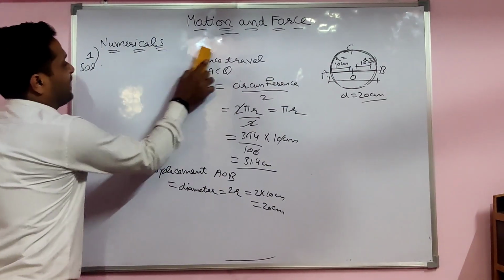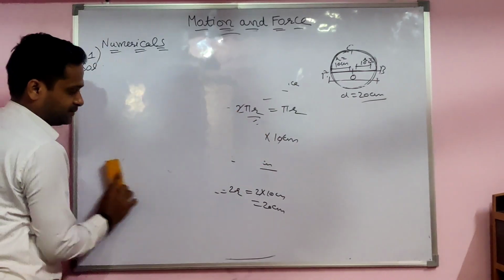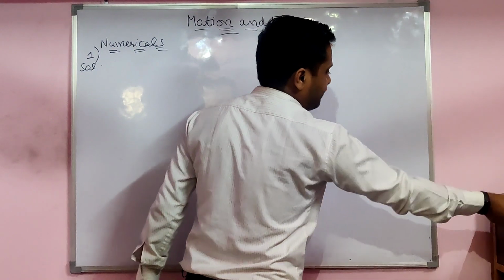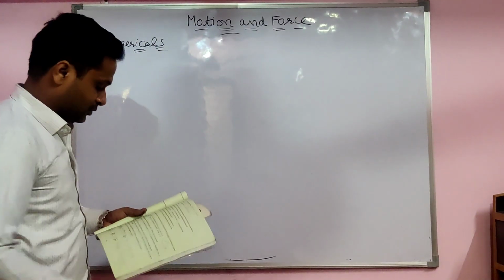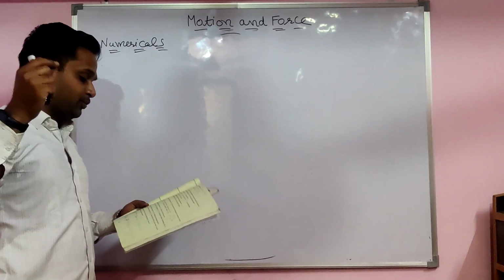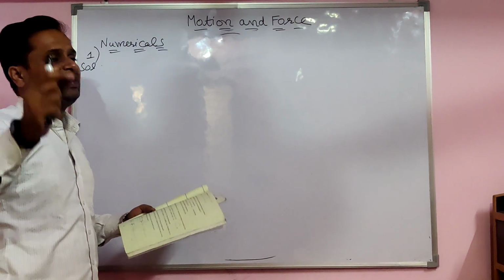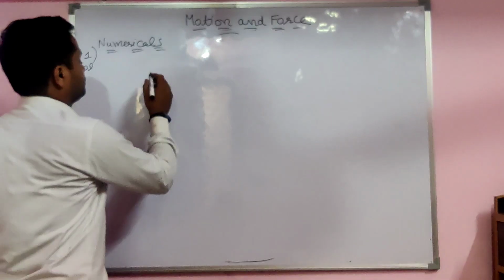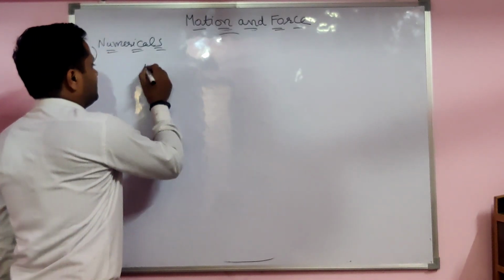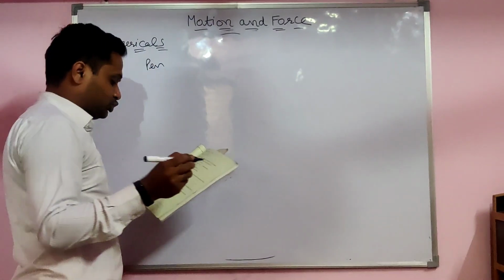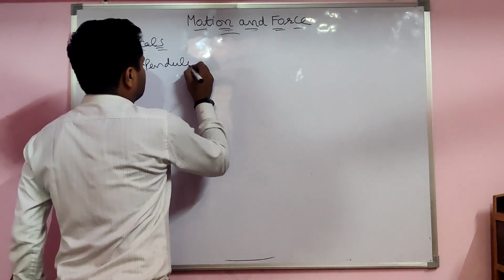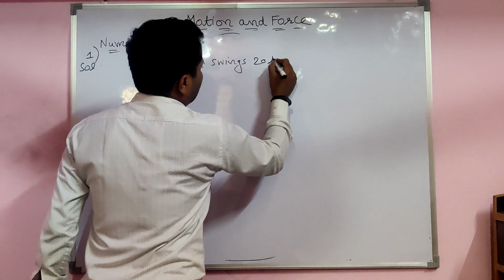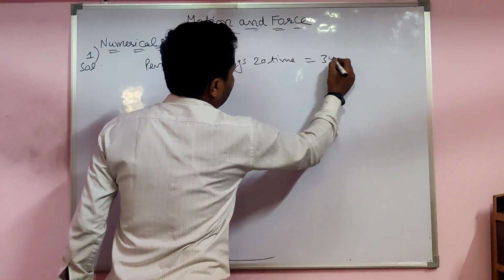A pendulum swings. Very easy numerical, student, if you know the formula and the value. If you know how to put the value in the formula, you are able to solve very easily. A pendulum swings back and forth 20 times in 34 seconds.